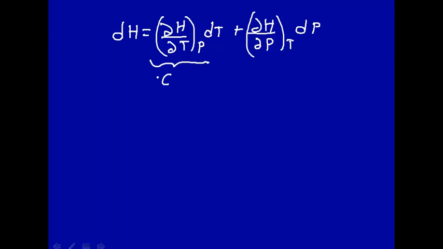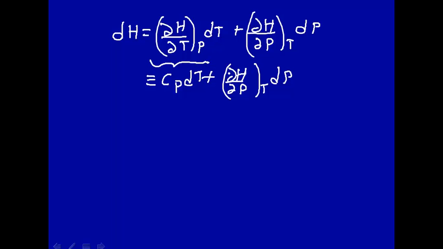Let's define this as the heat capacity at constant pressure, Cp. That's how H changes with T. This is how H changes with pressure at constant temperature. I forgot the dT there, plus how H changes with pressure at constant temperature times dP.